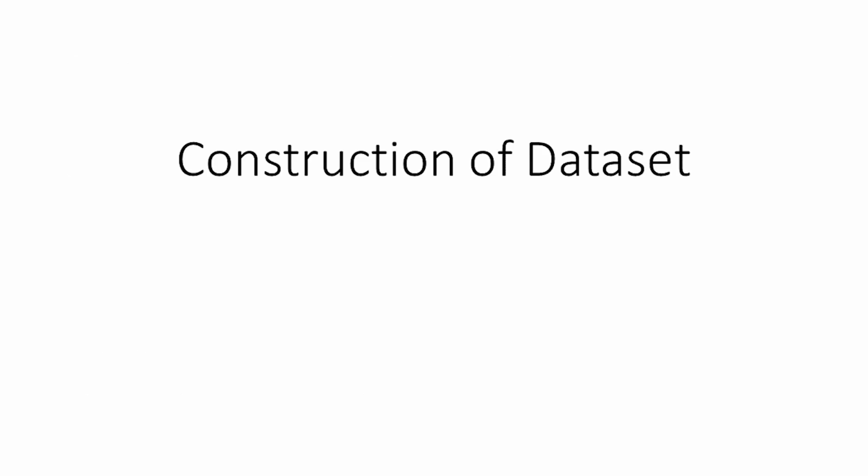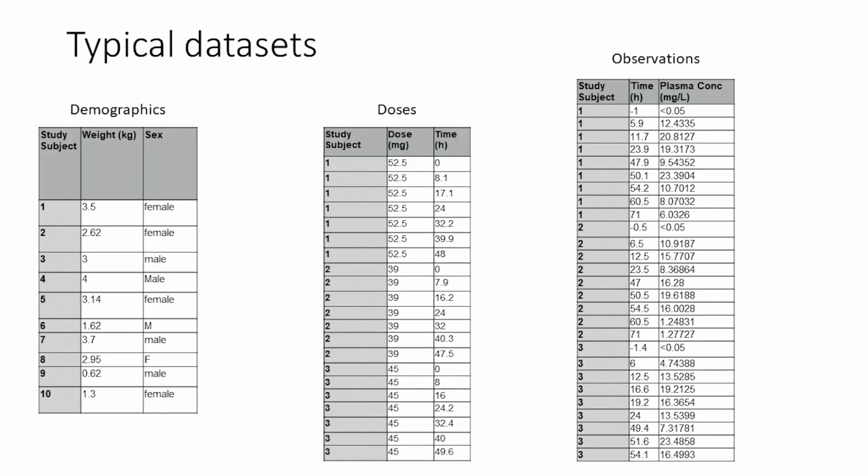So let's move on to the construction of the data set. When one is assembling data from a study such as CATIE, one may get data in multiple table formats. Here I have a demographics table showing weight and sex by study subject.